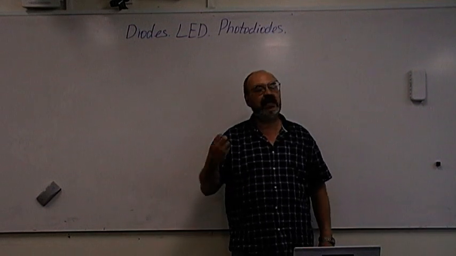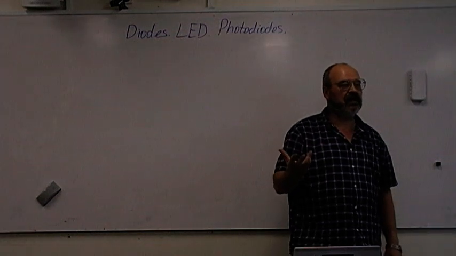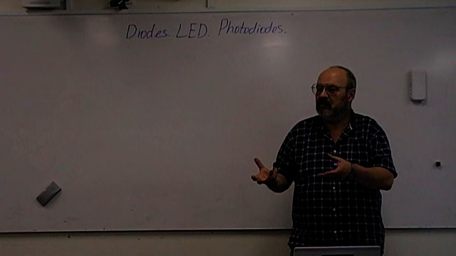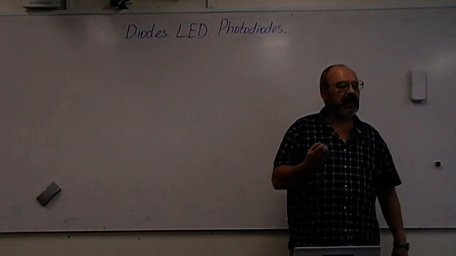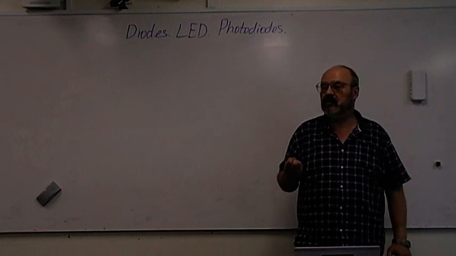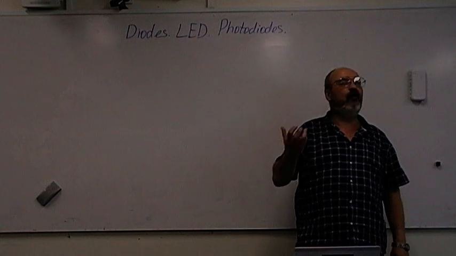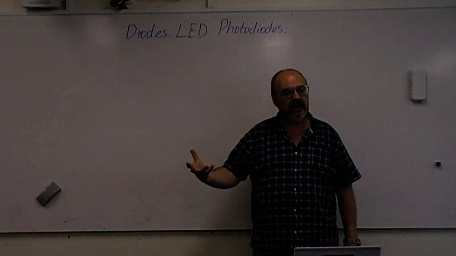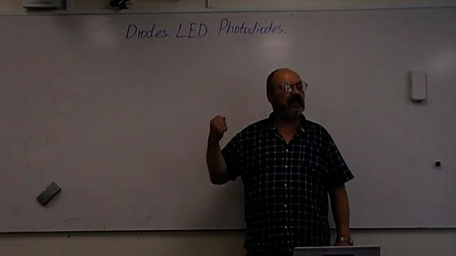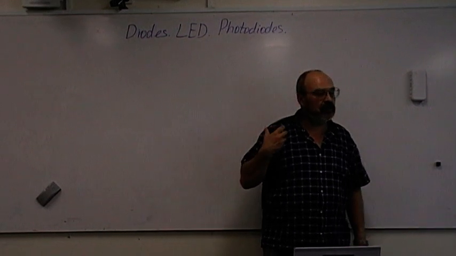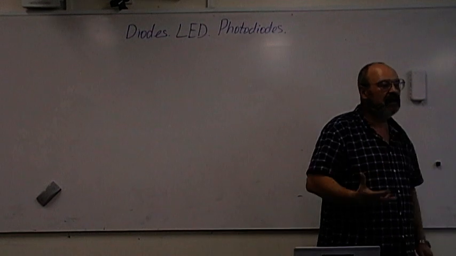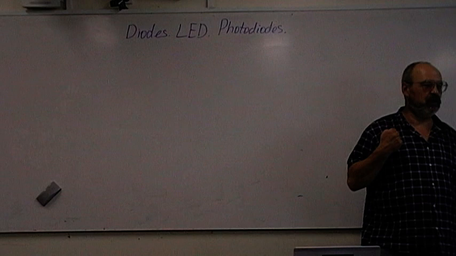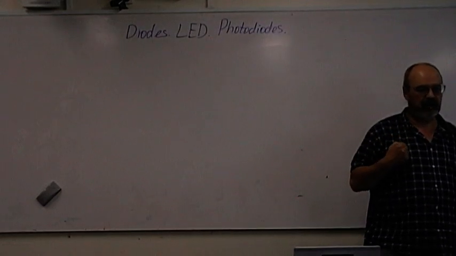What energy do we put into the LED? Electrical. We put in electrical energy. What do we get out? Light. A photodiode is the opposite. When we put light in, it produces electrical energy. And a solar panel is thousands and thousands of photodiodes connected together.